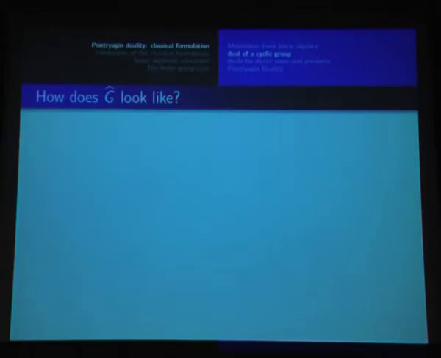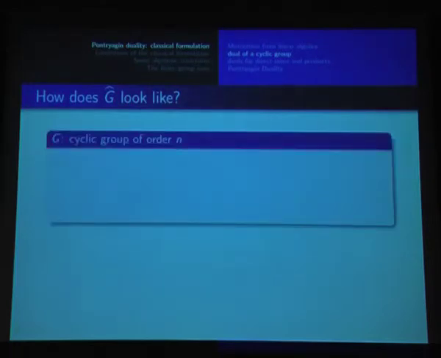And then of course, to get some feeling about this group, let us see how it looks in some concrete cases. So, suppose G is a cyclic group of order n. So, G is 0, 1 up to n minus 1 with addition modulo n. Then suppose we have a homomorphism from G to S1. That means that phi assigns values to these elements which take value in S1. So, phi of 1 is a number z, and of course, if I add 1 n times in this group, I should get identity. That means that z power n is equal to 1.